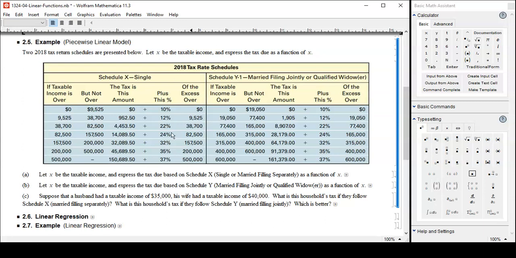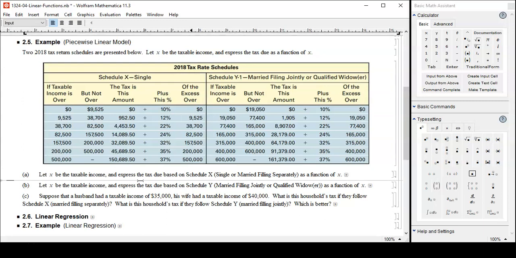Okay, how about part A? Well, depending upon your x value, the income, between 0 and 9,525, we have one linear function. 0 plus 10%, 0.1x, right?